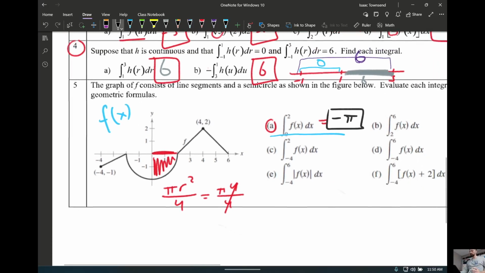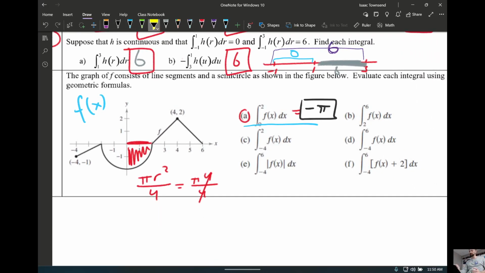If you would go ahead and try, let's split this up. There's a lot of these. Do B, C, and D. Try those three first. We'll check those, and then we can do the last two.